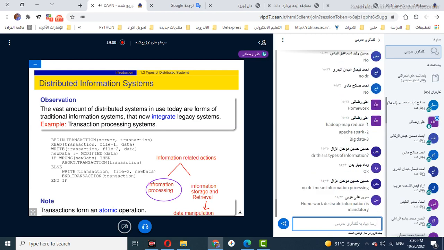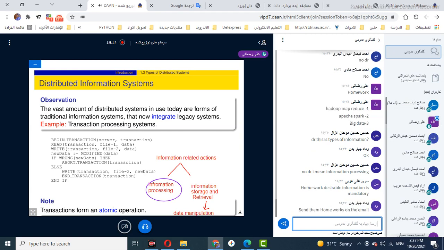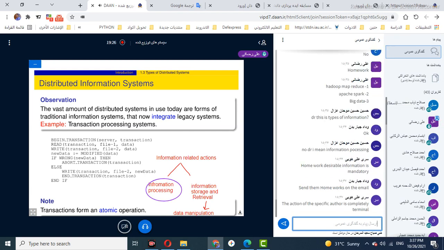I mean information processing. No, dear Hussein, let me explain with more details. When you want to process information, you need to use some frameworks, some tools, some algorithms.